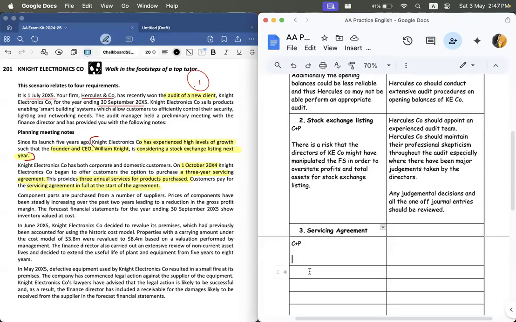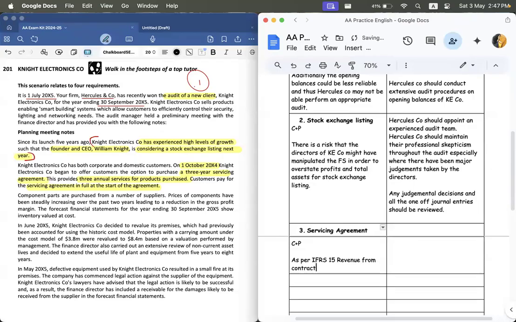Okay, so C plus P is done. Now we are going to mention the standard. When we mention the standard, we start with "as per." IFRS 15. So what does IFRS 15 say? Revenue from contract with customers, right? We can recognize revenue only when the performance obligation is met.